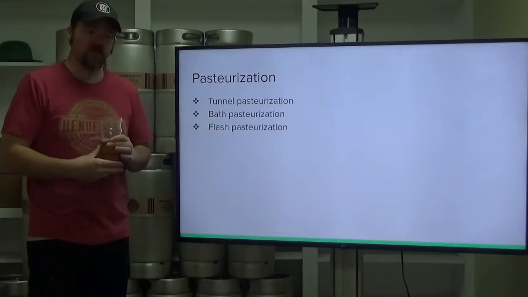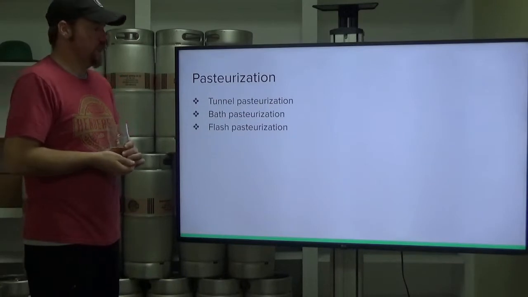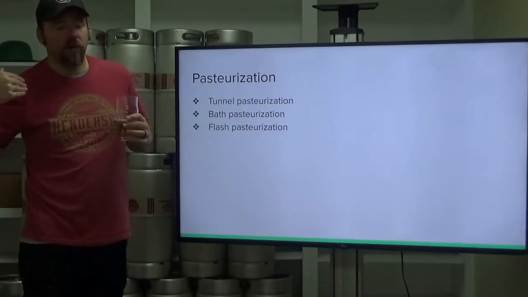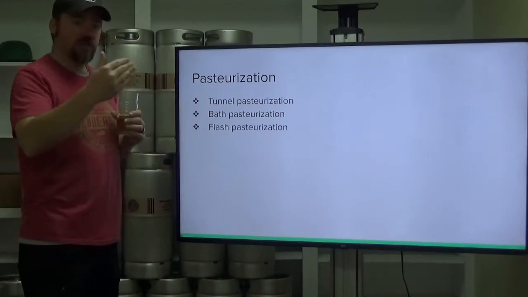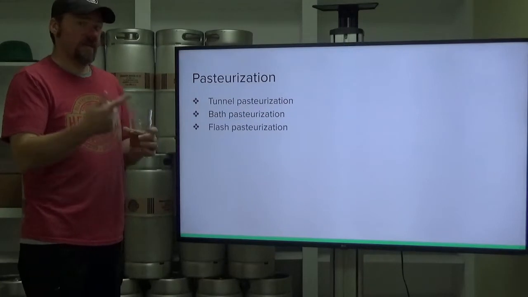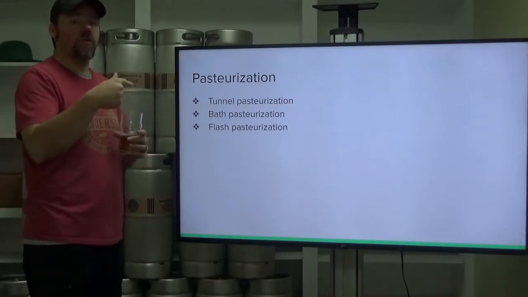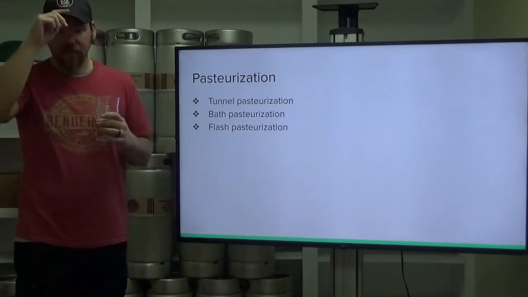Flash pasteurization would be an example of a pre-packaging pasteurization process. This is where the beer is going to be passed through a heat exchanger system, similar to what we do when we cool the wort down post-boil, except the opposite. We're going to heat it up to at least the 163 to 185, whatever the number was I just quoted a second ago.